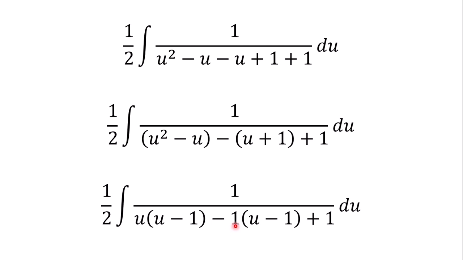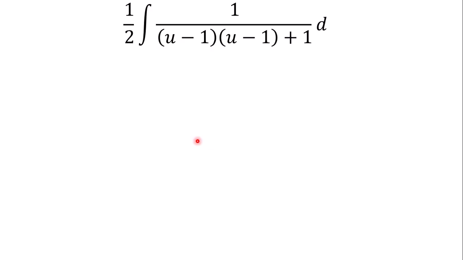I'm going to bracket this and this, then we multiply by one of this, either this or that. We are going to write this one as u minus 1 all squared.